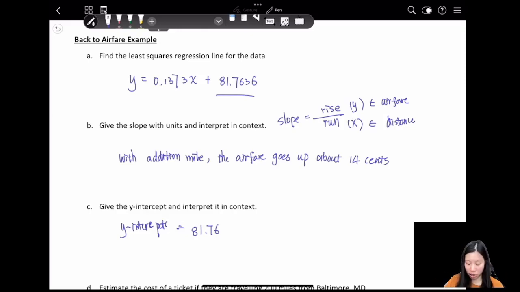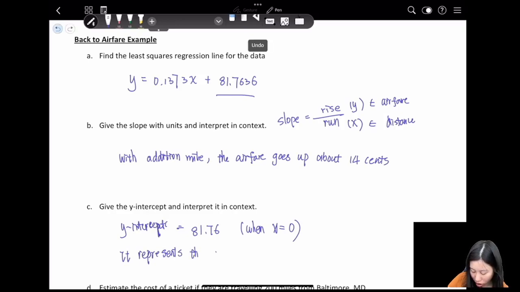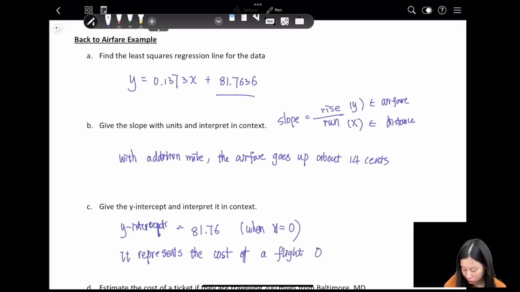So remember, y-intercept is when x equals 0. We have the y-intercept, so this represents the cost of a flight of 0 miles.